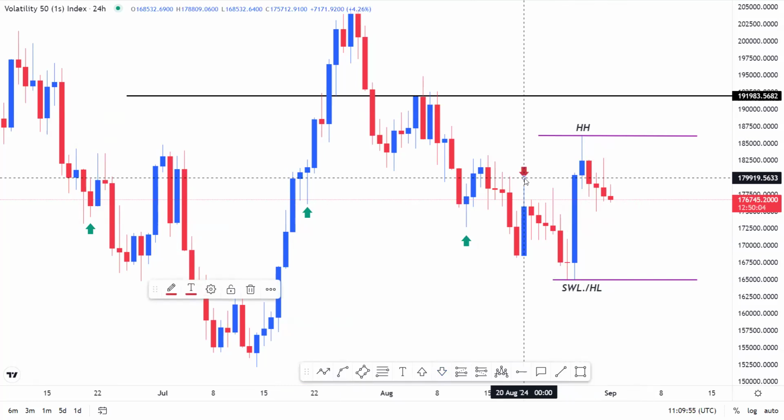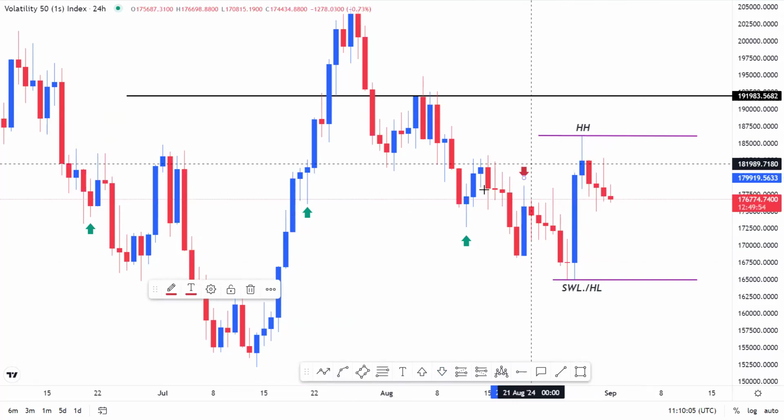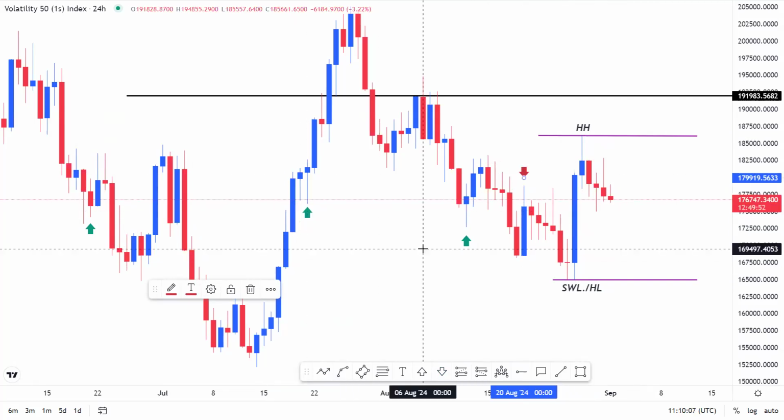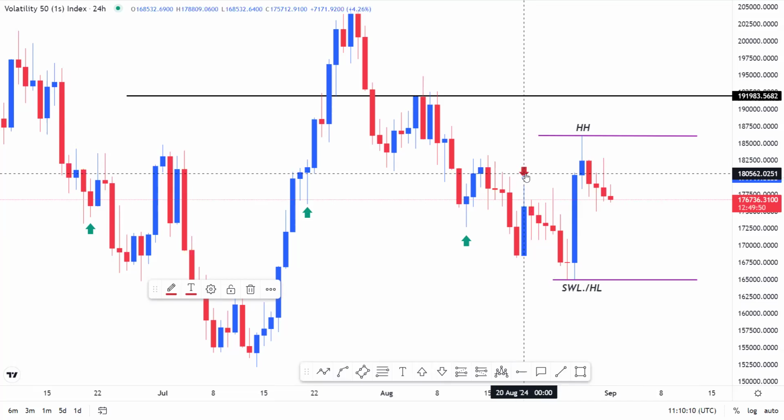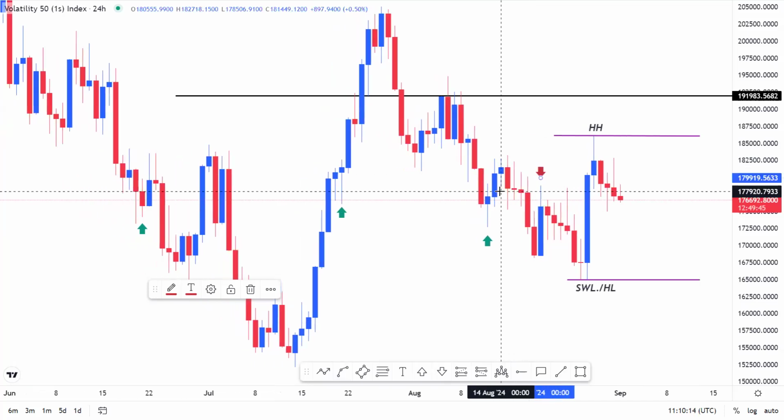So we said any level or any area where price has repeatedly found support, repeatedly being a minimum of 3 times. You can see 1, 2, 3, 4 times we have found, 3 times we have found support, and 1 of the times we have found resistance. So for me, that is an area that is very peculiar to me.